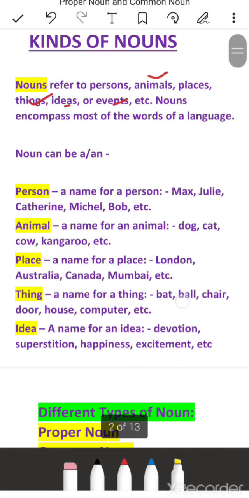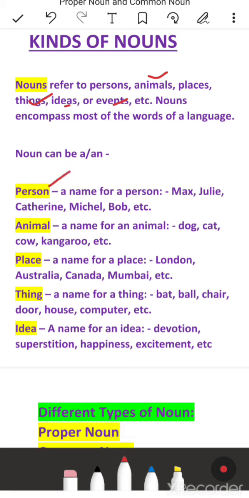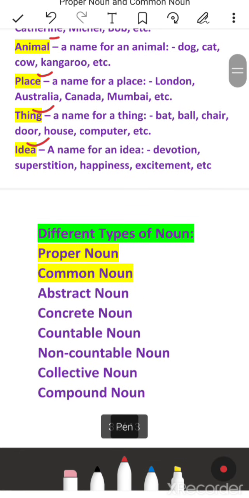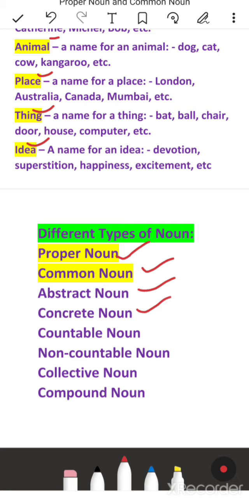We often give names to persons, animals, places, things or ideas. On the basis of this, we classify nouns into proper nouns, common nouns, abstract nouns, concrete nouns, countable and uncountable nouns, collective or group nouns and compound nouns.